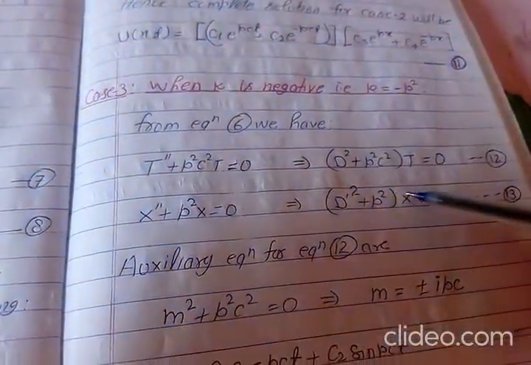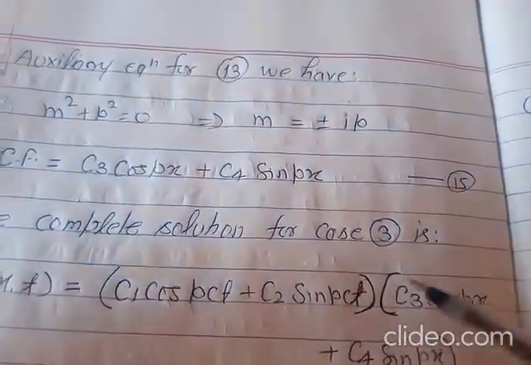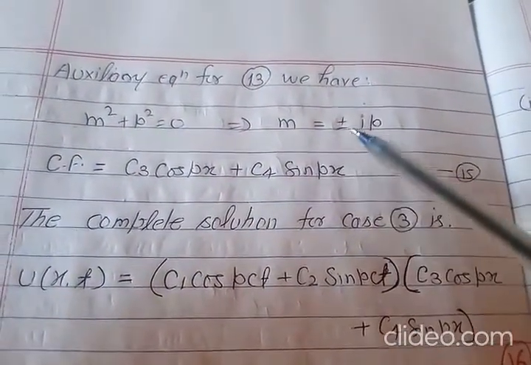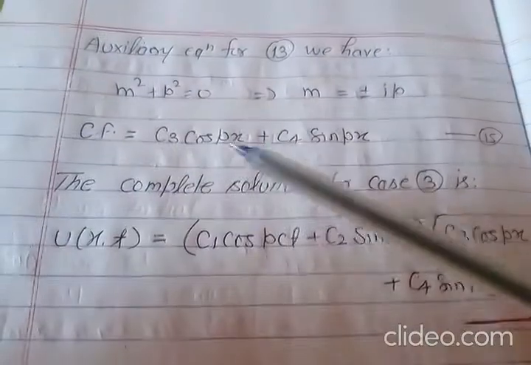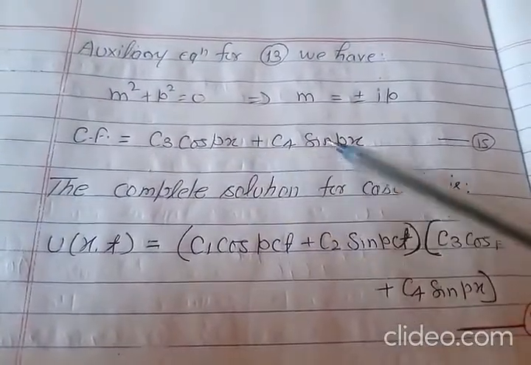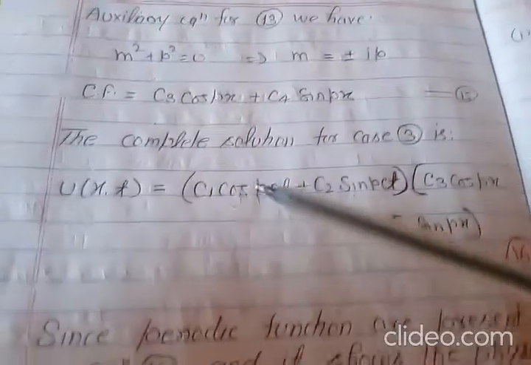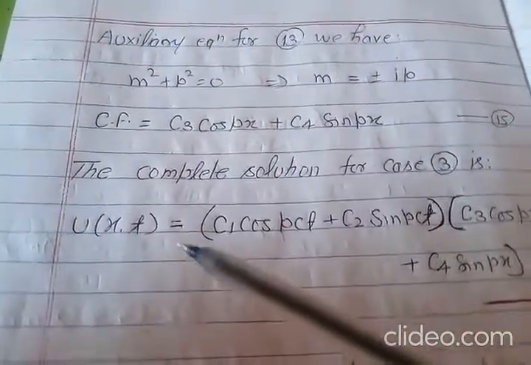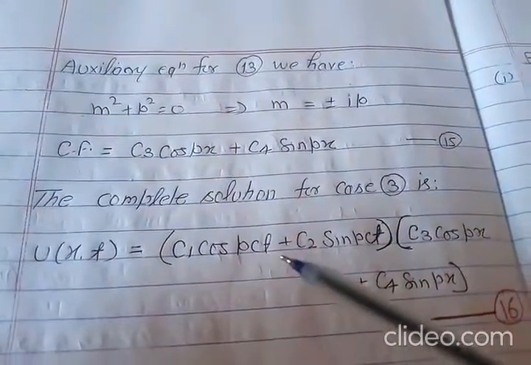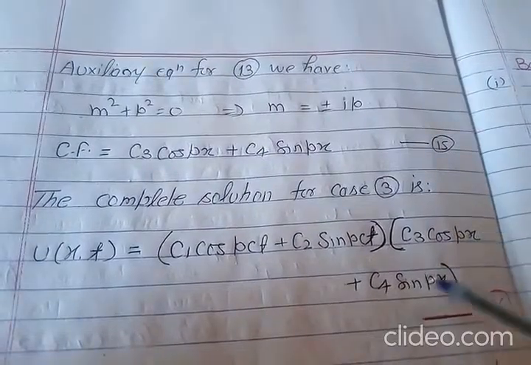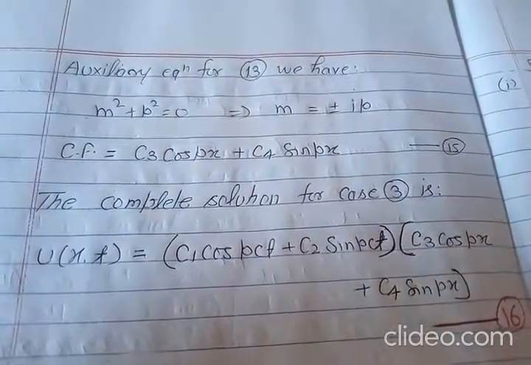And for the second equation, D dash square plus p square x, we will find the solution like this: m square plus p square is equal to 0. This implies m is equal to plus minus ip, which gives the solution c3 cos px plus c4 sin px. On combining both equations 14 and 15, we will find the solution for the third case is (c1 cos pct plus c2 sin pct) into (c3 cos px plus c4 sin px).